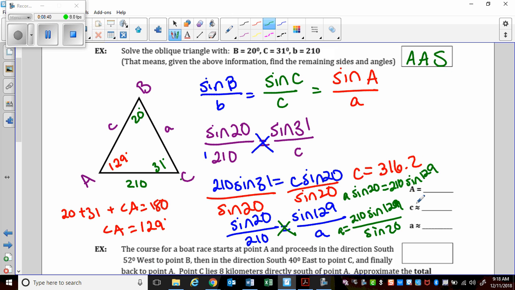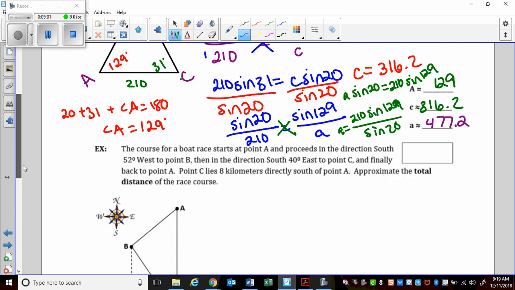So angle A we found is 129. C we found is 316.2. I don't have a unit, so whatever units that is. And then A, if you plug this in your calculator, you get approximately 477.2, something like that. Check it out.